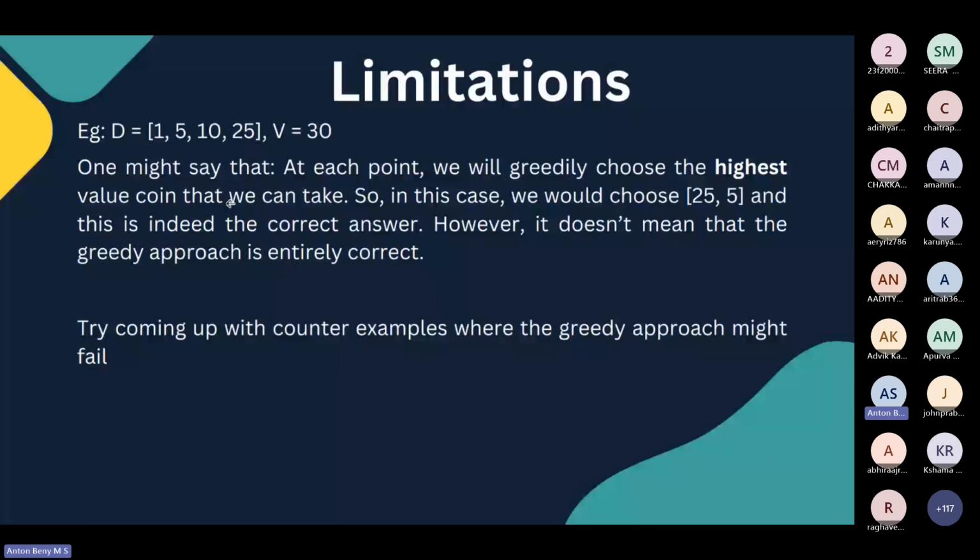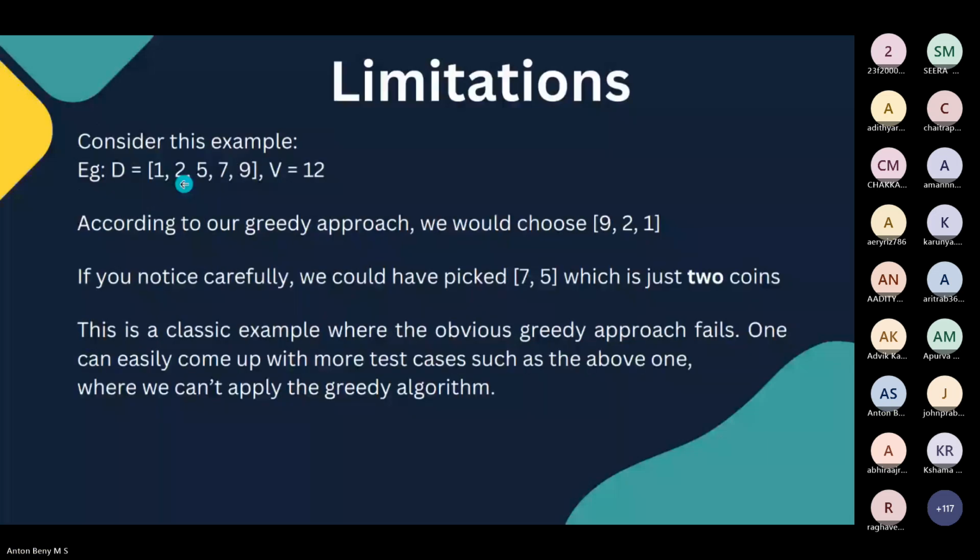In the earlier case, we would choose 25 and 5 for value 30. But look at this case, 1, 2, 5, 7, and 9. If you use the greedy algorithm, you would choose 9 first because that is the highest coin that you can take. Now you need just 3 more.